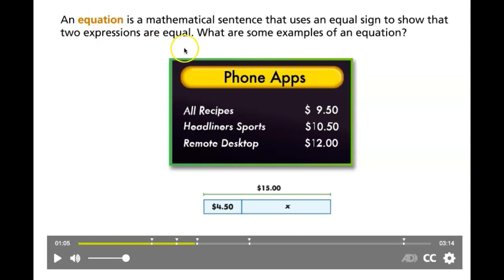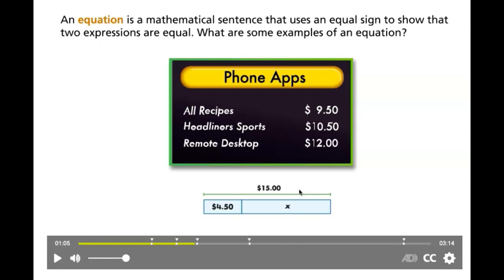An equation is like a sentence, like 3 plus 4 is, then you have your answer, right? So here you could have $4.50 plus X is $15. Right? So that will be our equation. Can you give me another example of an equation?